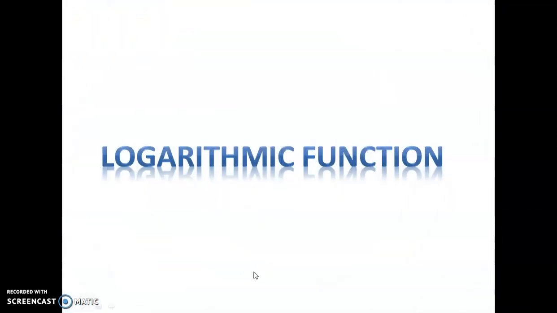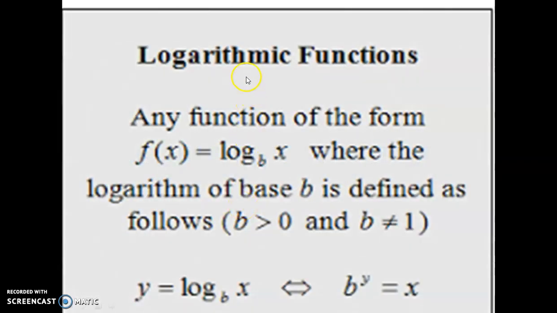Now we discuss the logarithm function. Logarithm in this chapter is normally written as log or ln. ln means the base is e, and log is for base 10. What is the mathematical definition of a logarithmic function?